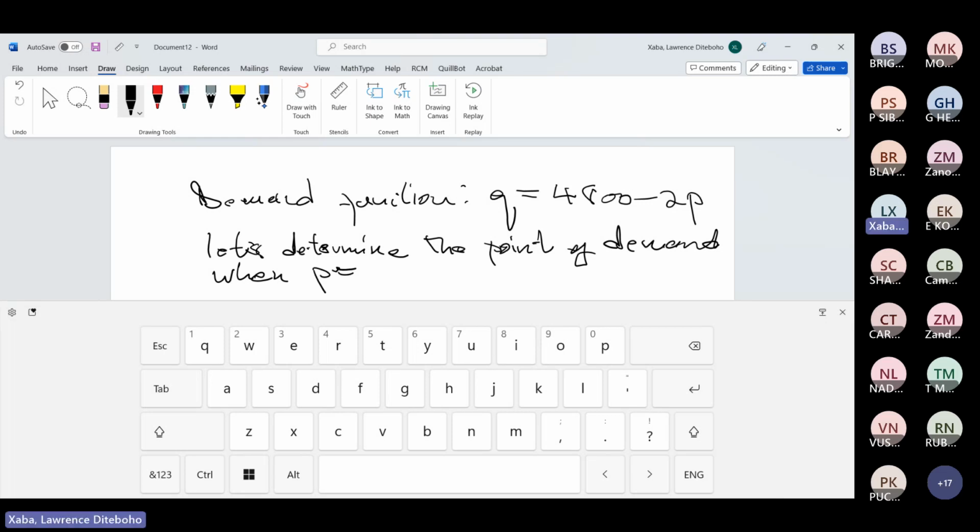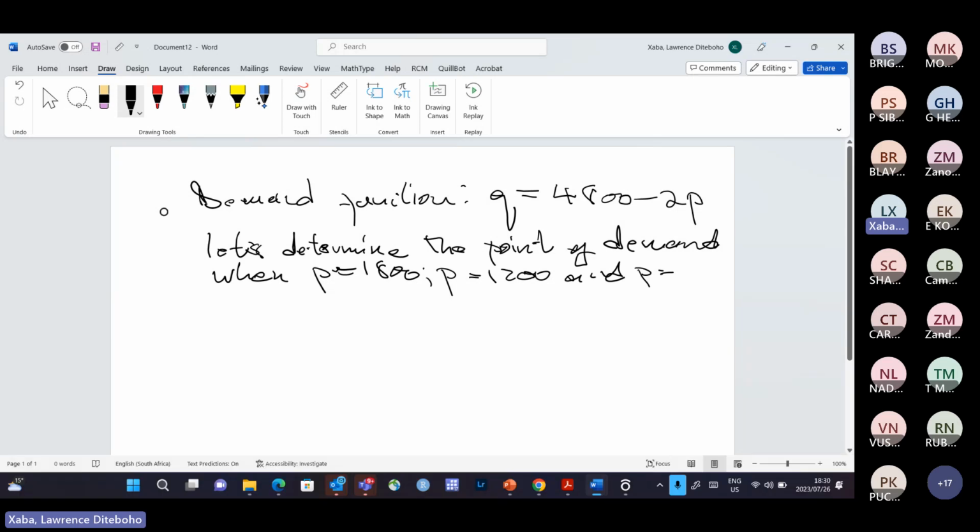The first price there is 1,800. The second price is equal to 1,200, and the last one is equal to 600.